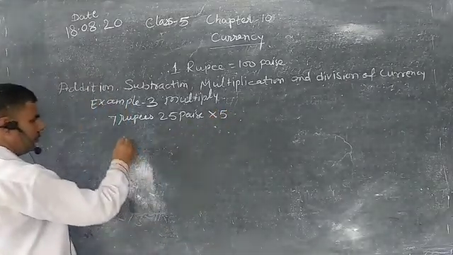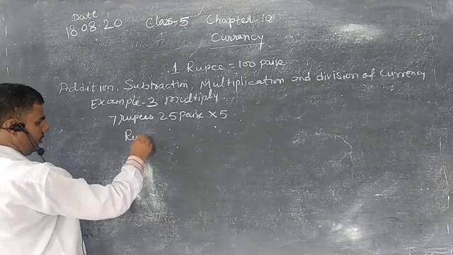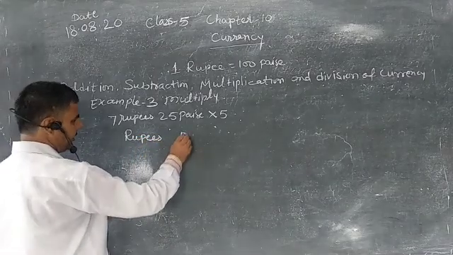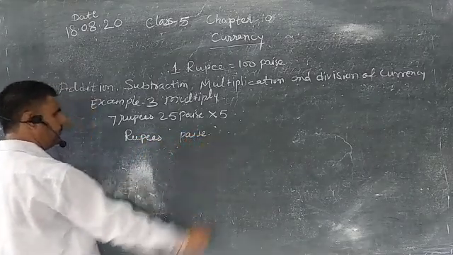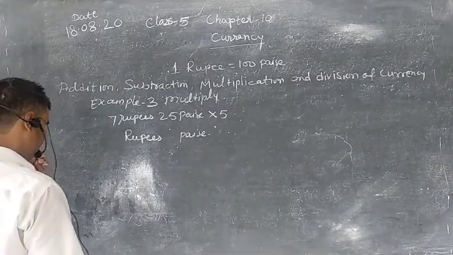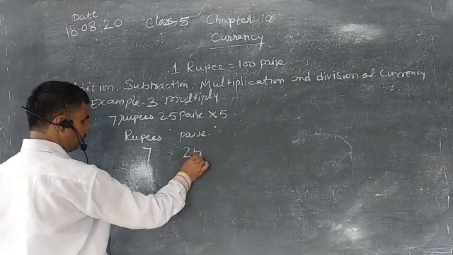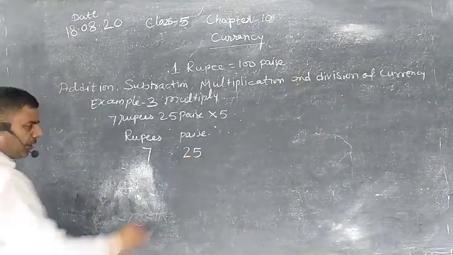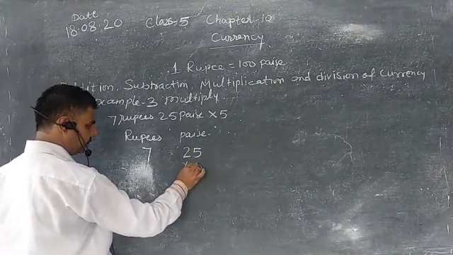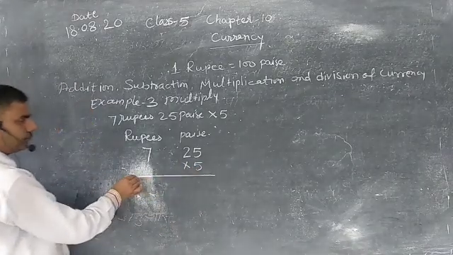Okay. Make 2 columns, rupees and paise. In the rupees column write 7 and in the paise column write 25, and multiply by 5. Okay.